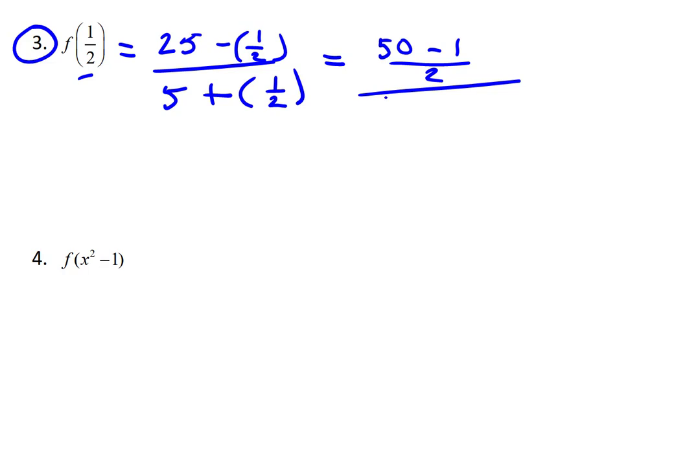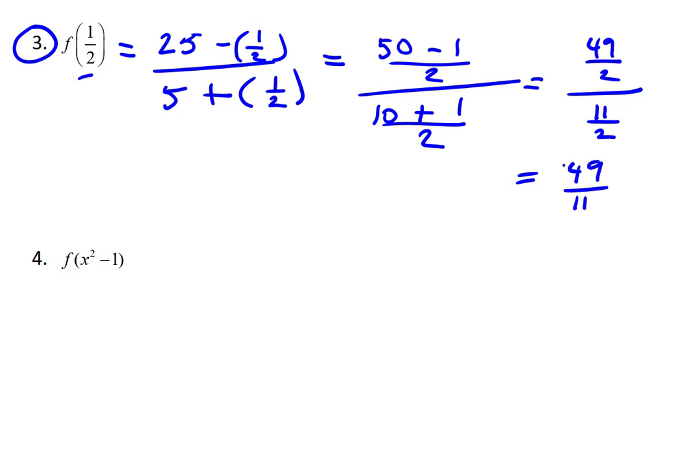The denominator would be 10 over 2 plus 1 over 2, or just 10 plus 1 over 2. Okay, so altogether simplifying, this would give us 49 over 2 over 11 over 2. If we flip and multiply, we'll end up with 49 over 11 for our simplified results.